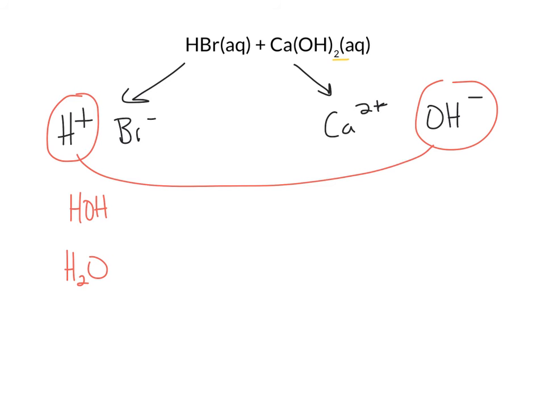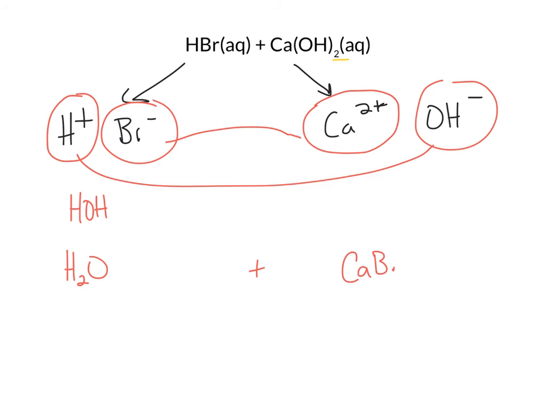Okay, so we form H2O by the combination of H plus and OH minus, and then our remaining cation and anion, Ca2 plus and Br minus, combine and that forms CaBr2, because I'm going to need 2 of those negative ones to balance out our Ca2 plus.